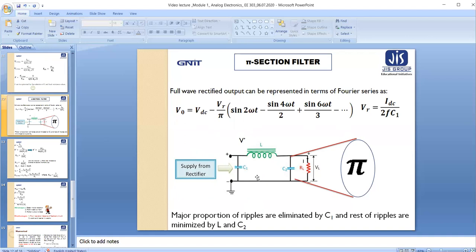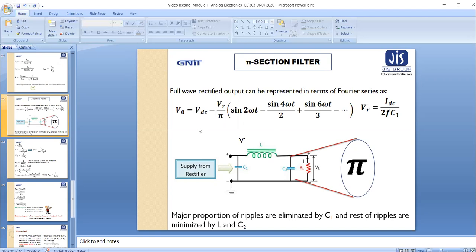The arrangement of C1, L, C2 looks just like the Greek letter pi. That's why the circuit is named the pi section filter. So C1, L, and C2 basically form a pi shaped circuit.